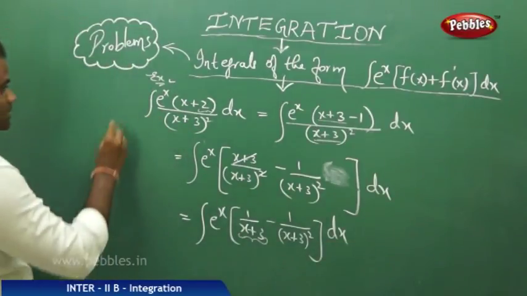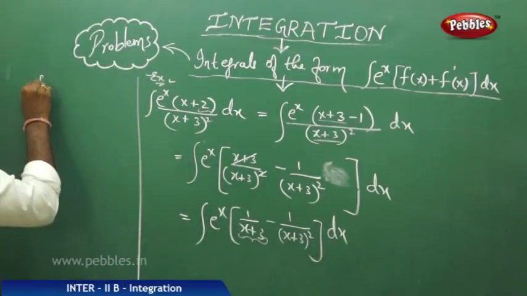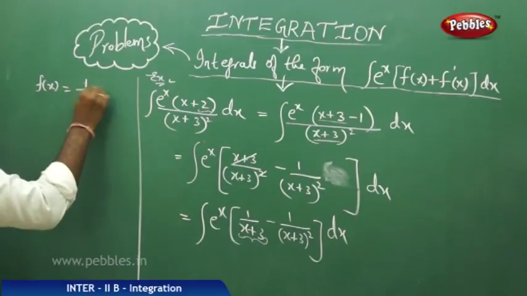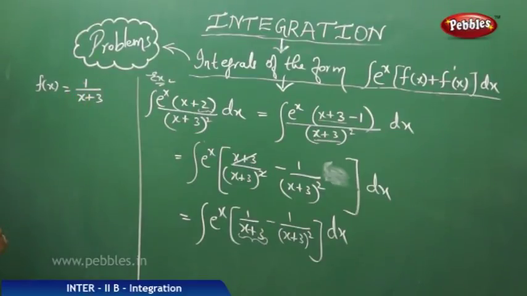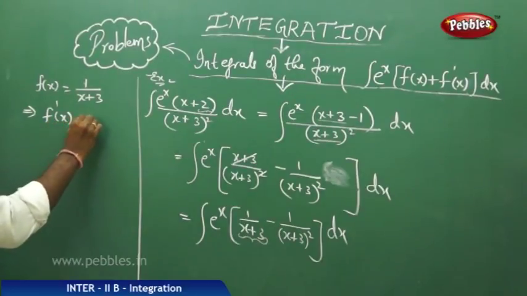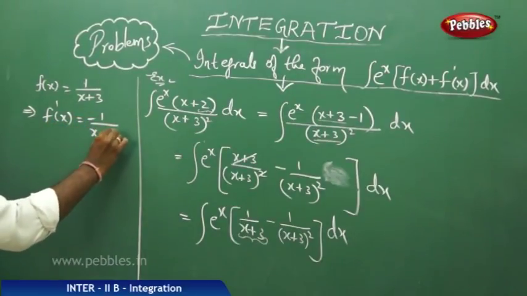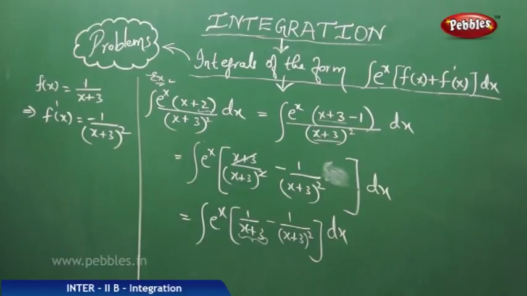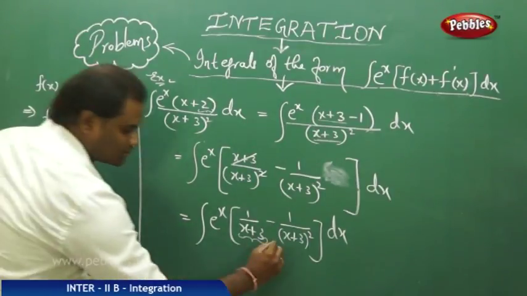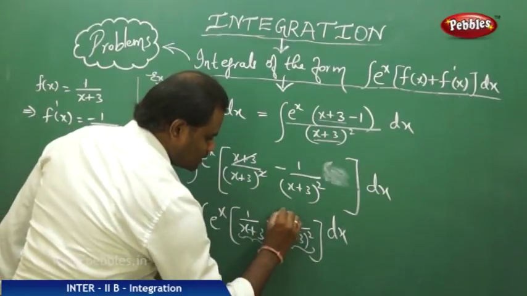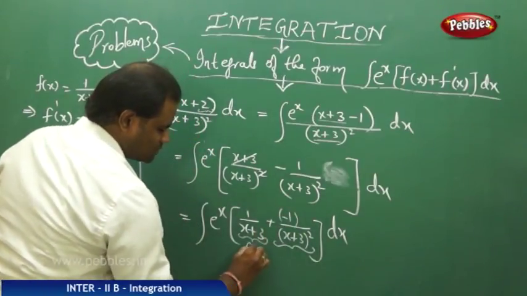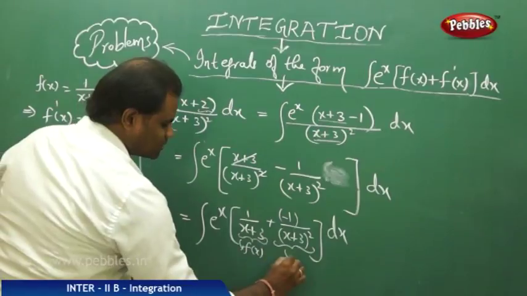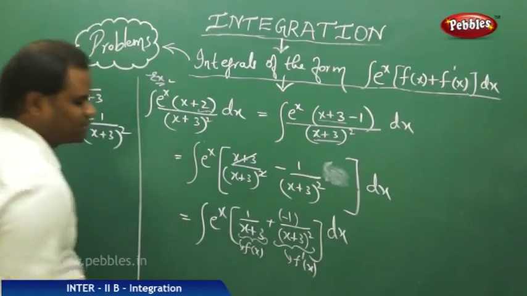Clearly f of x equals 1 by x plus 3 implies f dash x is minus 1 by x plus 3 whole square, using the derivative formula. So if this is f of x, this is f dash x.